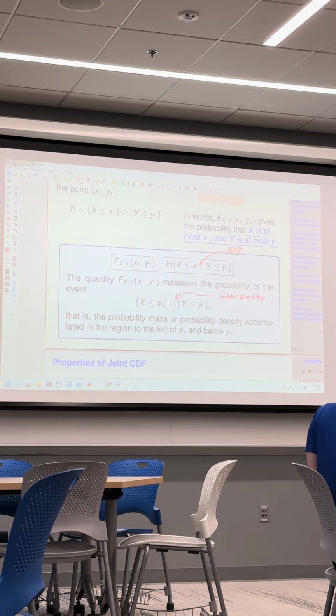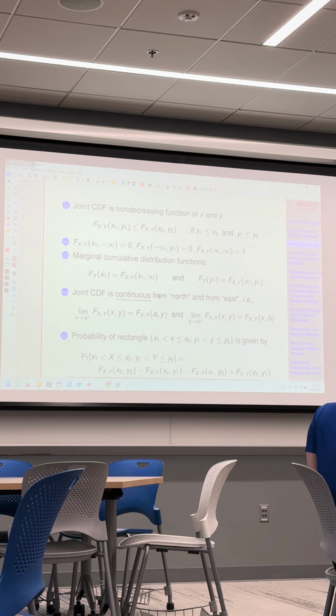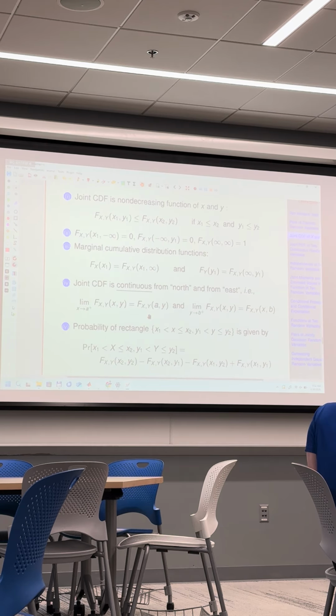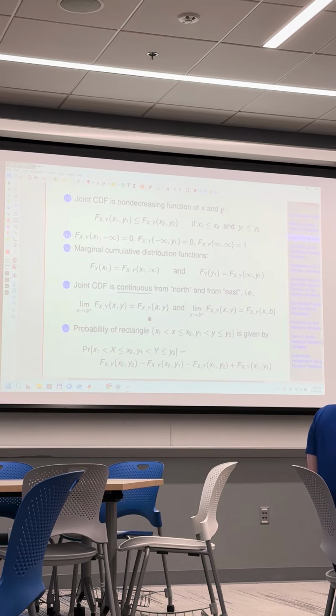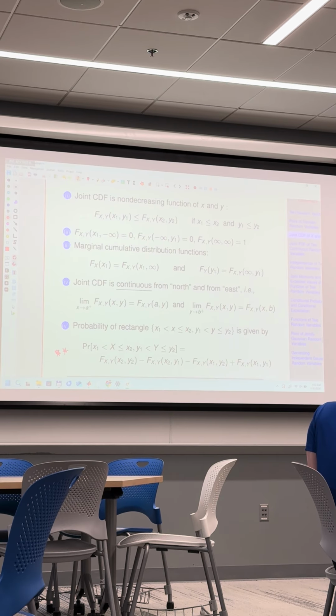That's all. These properties are important. Among these 5 properties, you will be utilizing the last property most of the time, because here you have a finite rectangle.